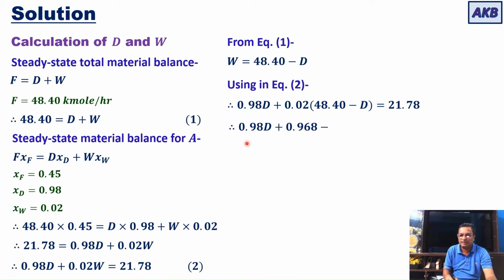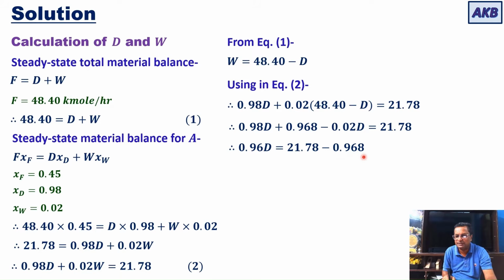If you simplify this, it will be 0.98 into D plus 0.968 minus 0.02 into D, that is equal to 21.78. 0.02 into 48.40 is 0.968. So 0.98 D minus 0.02 D is 0.96 D. And if I take 0.968 to the other side, this will be 21.78 minus 0.968.